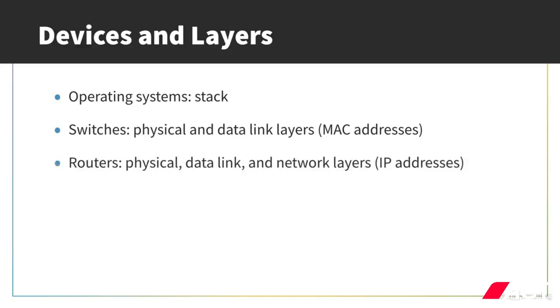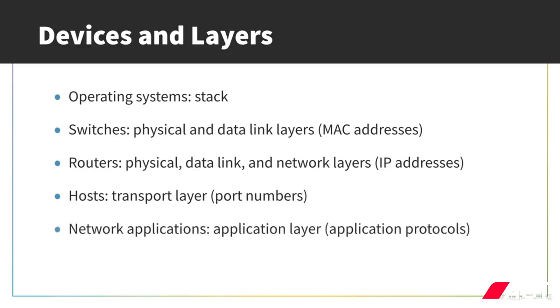Routers handle 3 layers: physical, data link, and network. The special layer for routers is network because it defines IP addresses. Hosts are closely tied to the transport layer because it defines the concept of port numbers.